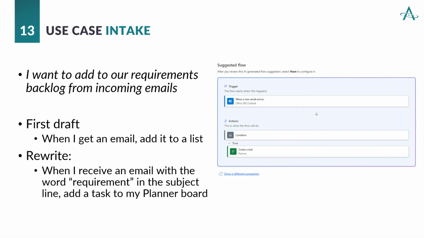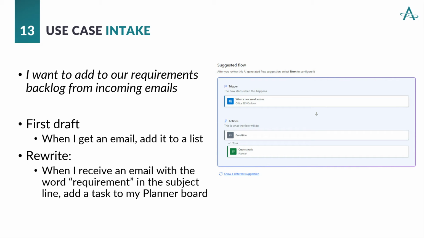All right, in the project management flow of processes, let's talk about intake. Maybe your organization, the way you work, says we're going to gather requirements from emails. I want to add to our requirements backlog from incoming emails. So as a first draft of writing, one might just say, when I get an email, add it to a list. Now you're definitely going to get suggestions.